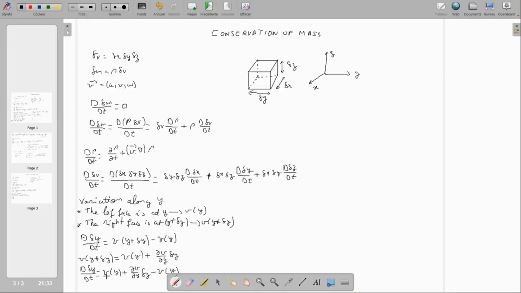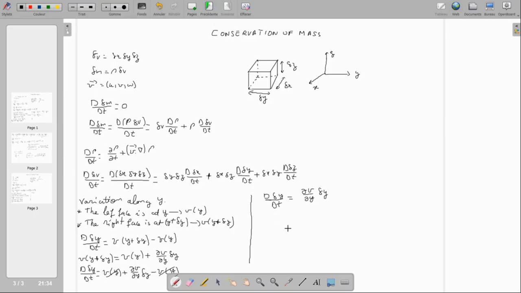So then we have d delta y over dt equals partial v over partial y times delta y.